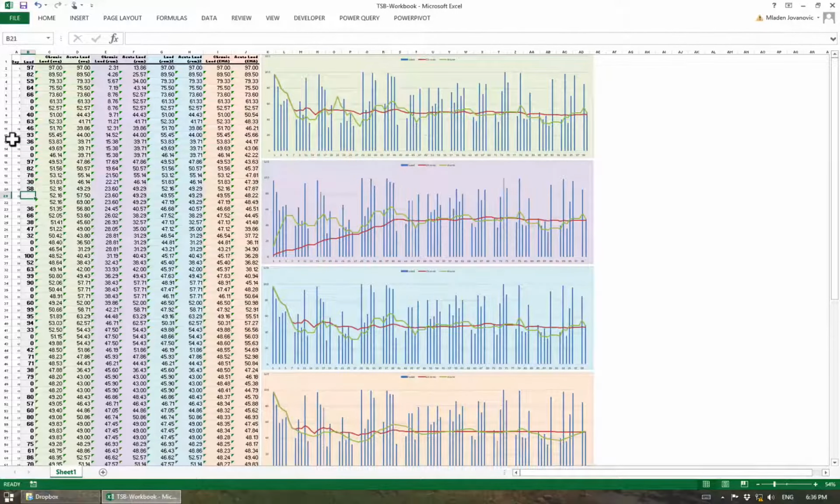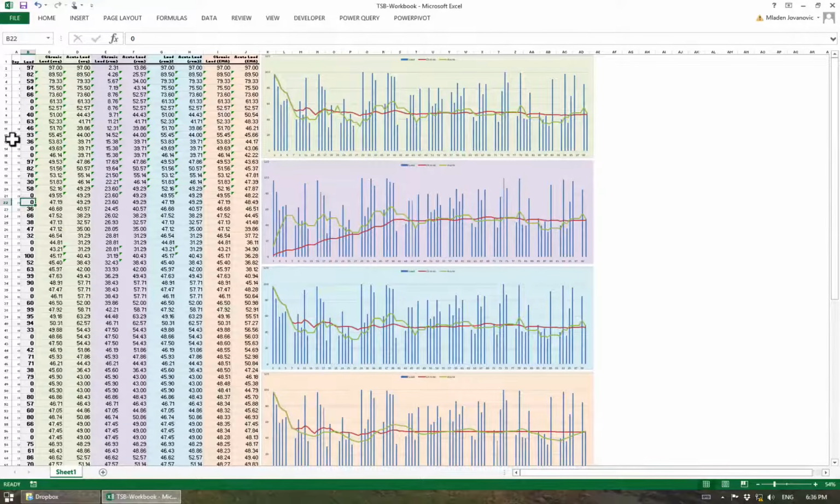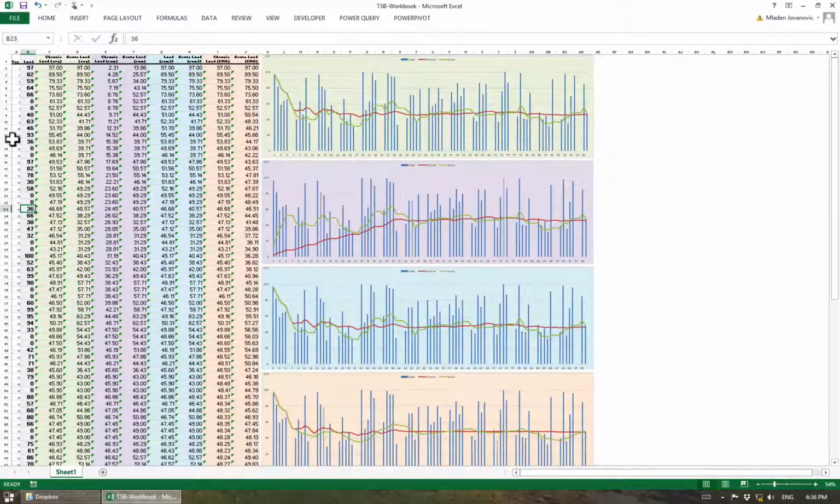And the fourth method is using something called exponential moving averages. I've used a paper by Skiba and Clark to get the formula. Basically, with a rolling average, we are giving the same weight to every data point. But with an exponential moving average, we are giving more weight to recent scores.